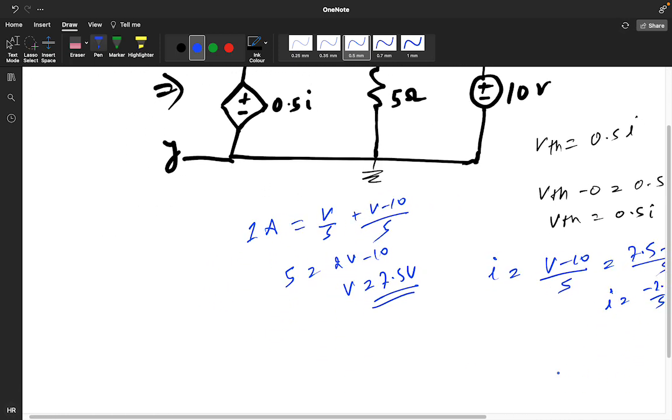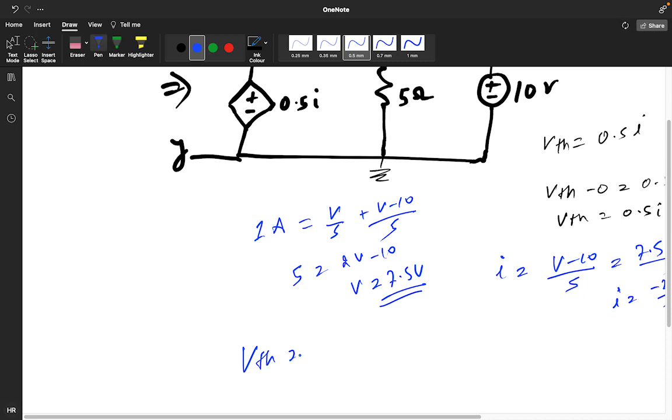So what is your VTH? VTH relation we got 0.5 into I. So we are getting 1 by 2 into minus 1 by 2, so that is minus 1 by 4. It's coming minus 0.25 volt.